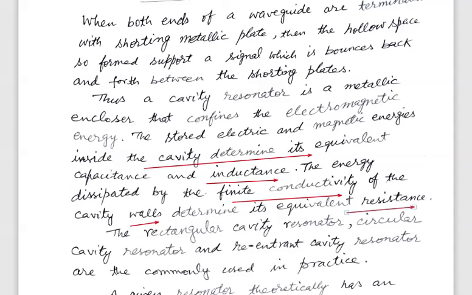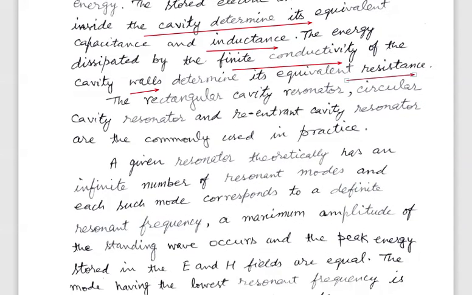The rectangular cavity resonator, circular cavity resonator, and reentrant cavity resonators are the commonly used resonators, extensively used for practical applications.